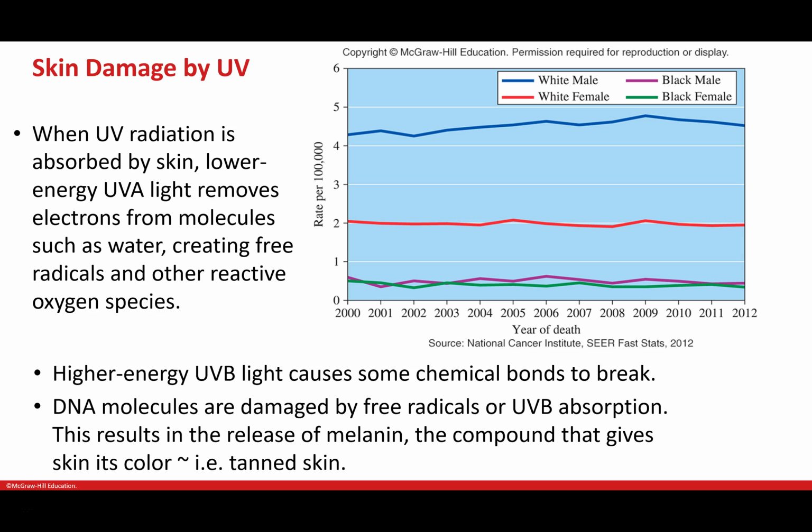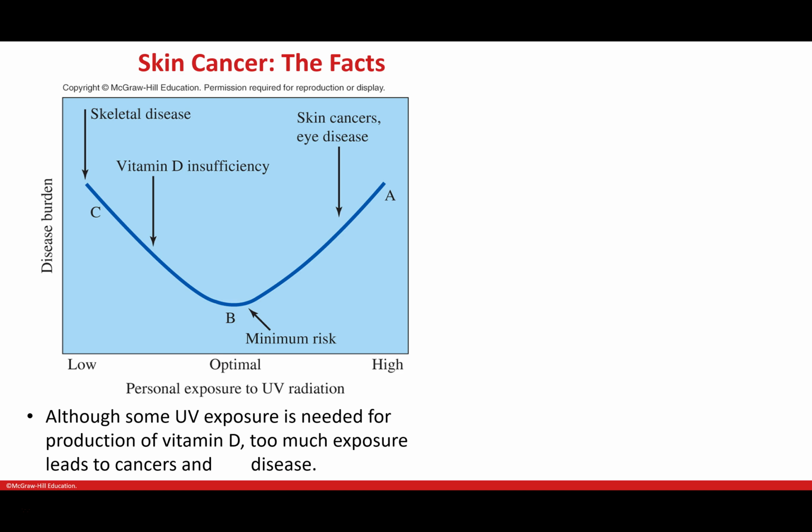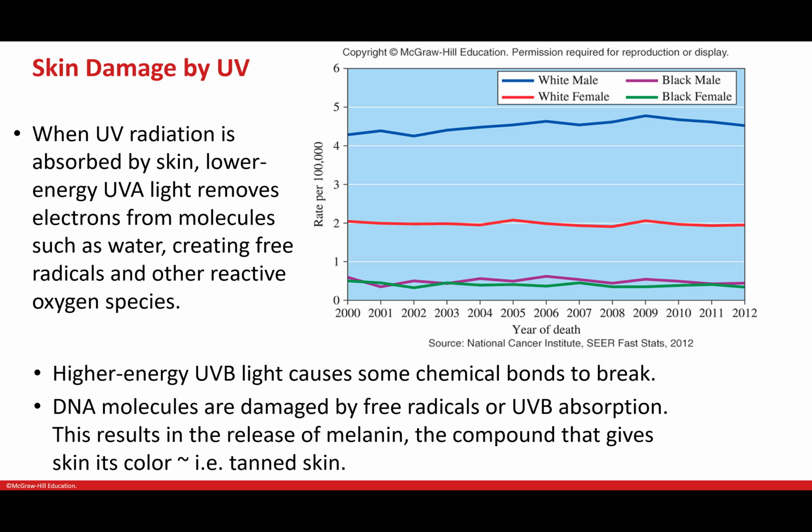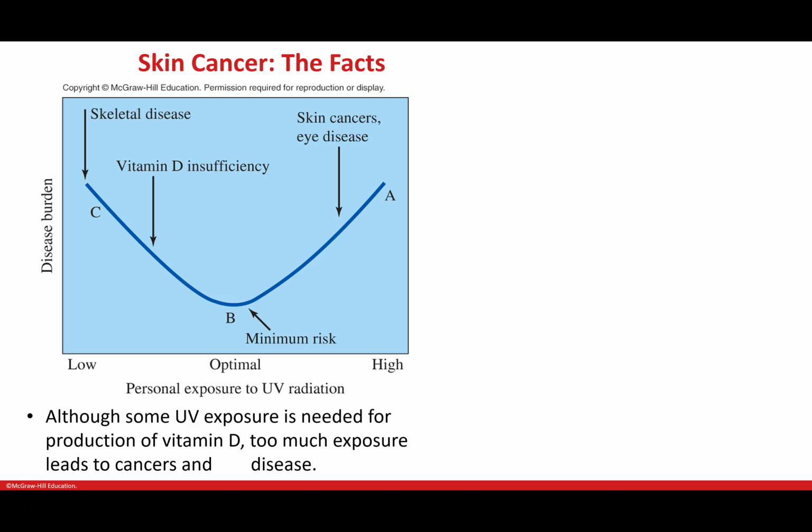So tan people are mutants? Mm-hmm. So yeah, tan people are mutants, and when they talk about getting a nice base tan, it's like you get a nice base of mutated skin. But it does keep you from burning more, I guess. Yes, there is something to be said for that.